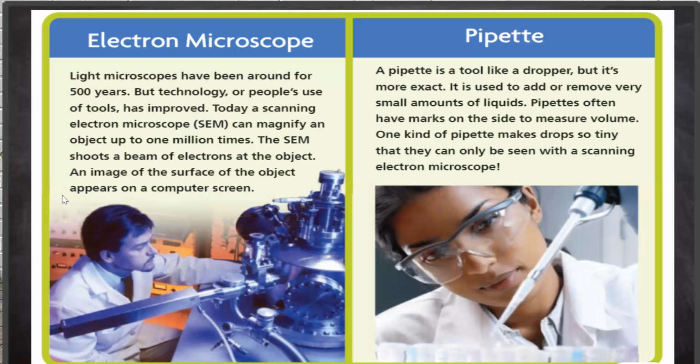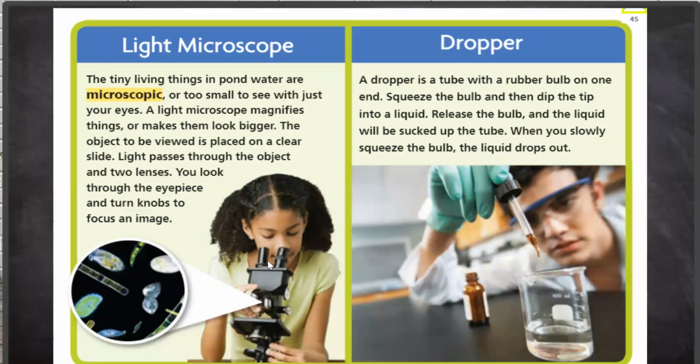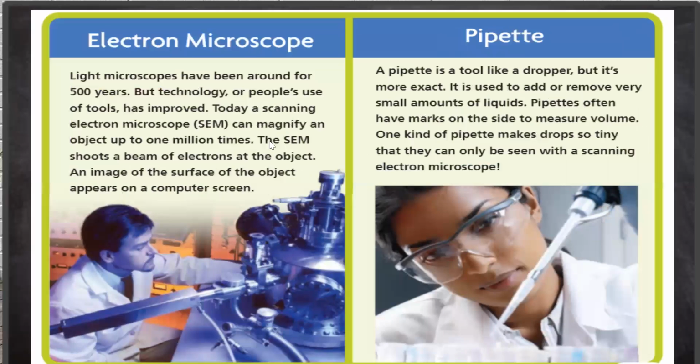Wow, this is so much bigger. With a light microscope, you can put your eyes over here in these tubes to take a look. But in an electron microscope, you need a screen to watch the image of the magnified object. Okay, guys?